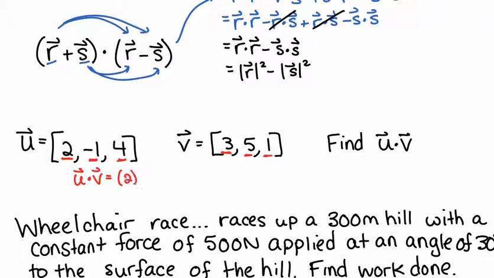So my equation will be 2 times 3 plus negative 1 times 5 plus 4 times 1. So 2 times 3 is 6, minus 5, plus 4. So I end up with 5 as my final answer.